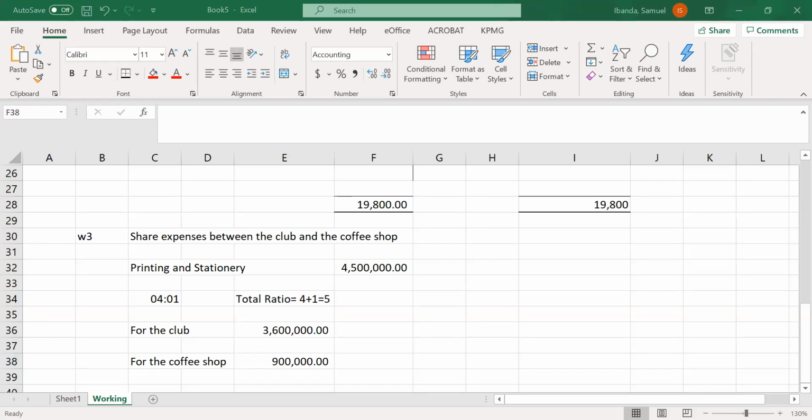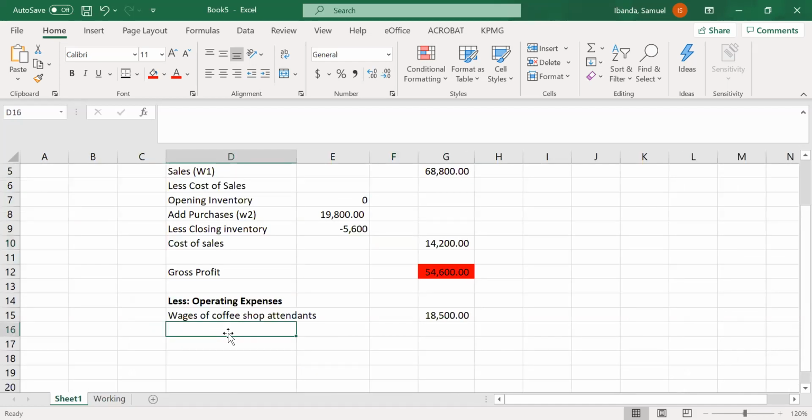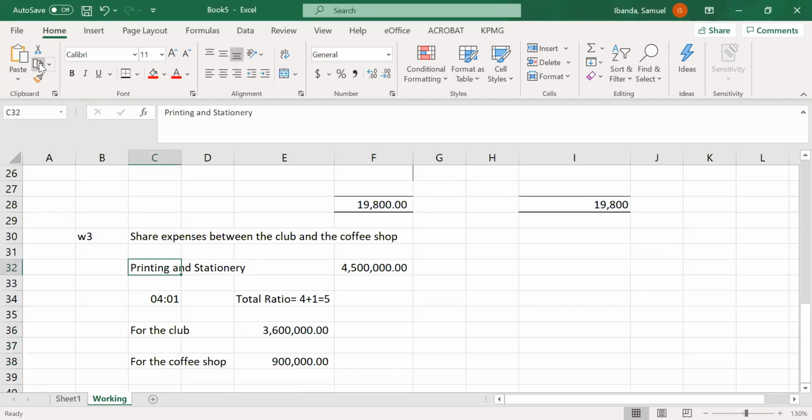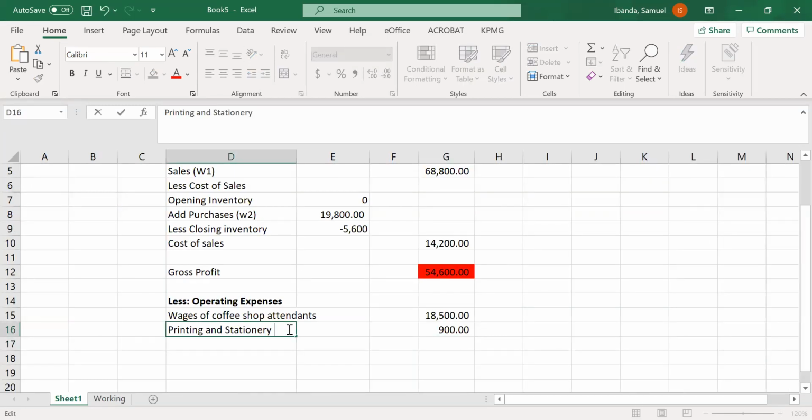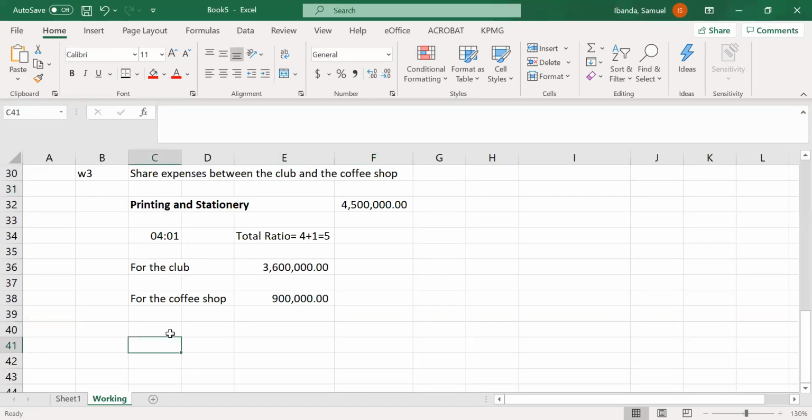So what I'll basically do is I'll come here and under operating expenses, in addition to it, I'll put printing and stationery and put 900. So that is what I'm going to do for printing and stationery. And this is working 3.